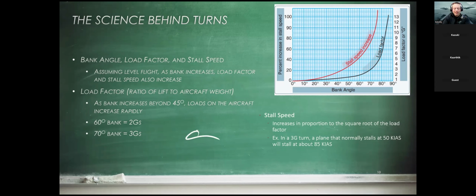And remember, a stall is anytime you exceed that critical angle of attack and the aircraft stops generating lift because the airflow is disrupted over the wing. Right? So the reason we care is because in a steep turn, we are going to be pulling some G. We're going to be adding to the load factor of the aircraft, and we will increase our stall speed as we perform the maneuver.